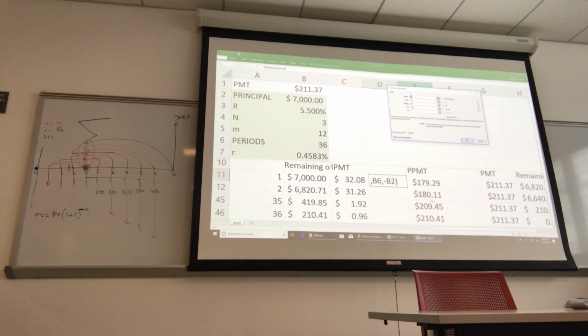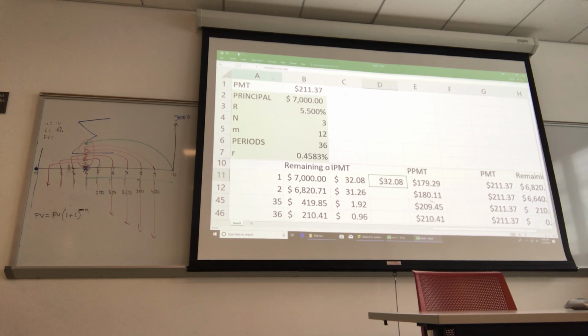So the rate stays the same always, you put a $ sign. The periods change: the first period, second period, third period, etc. You don't put anything. The number of the periods don't change. They need to be locked.